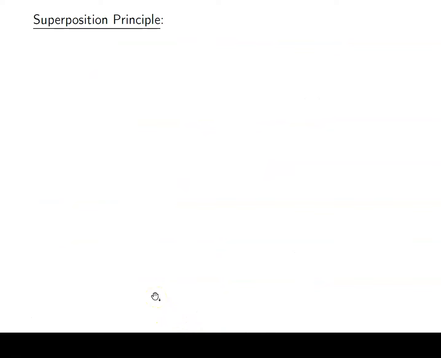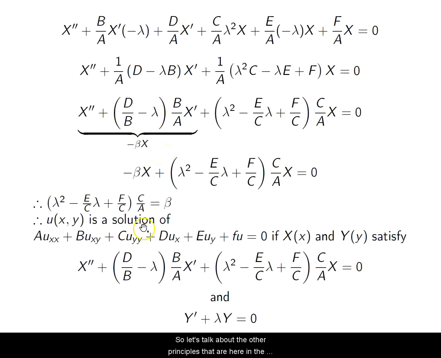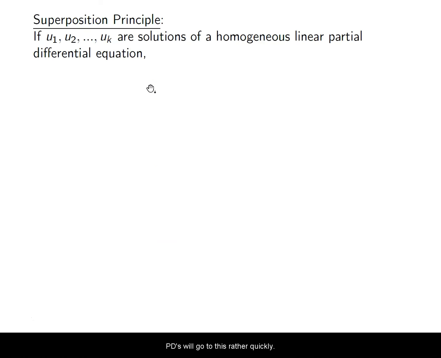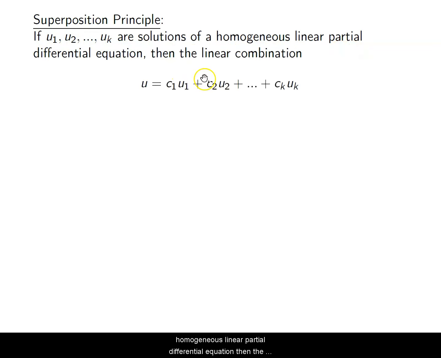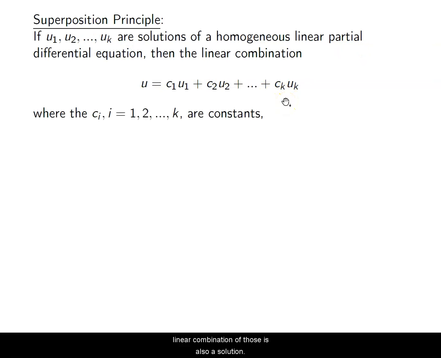Okay, so let's talk about the other principles that are here in the PDEs. We'll go through this rather quickly. If U1, U2, and UK are all solutions to my homogeneous linear partial differential equation, then the linear combination of those is also a solution. Again, the superposition principle. Here, C1, C2, up through CK, these are all constants.